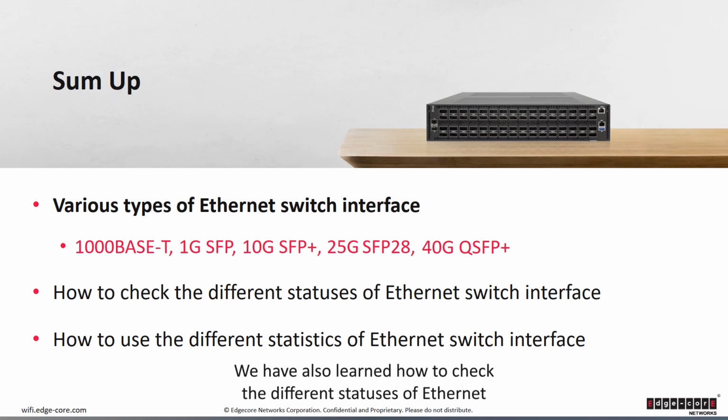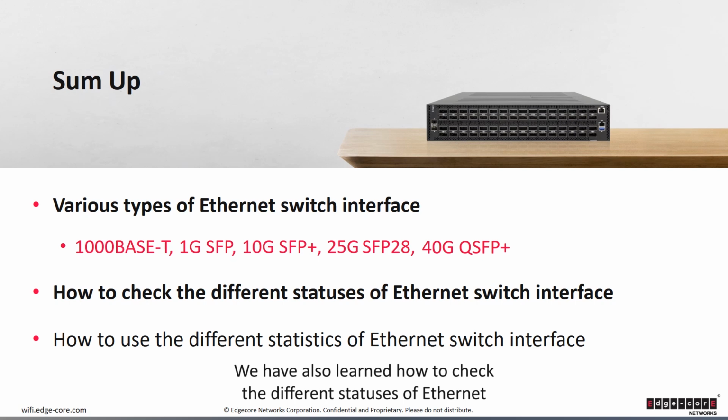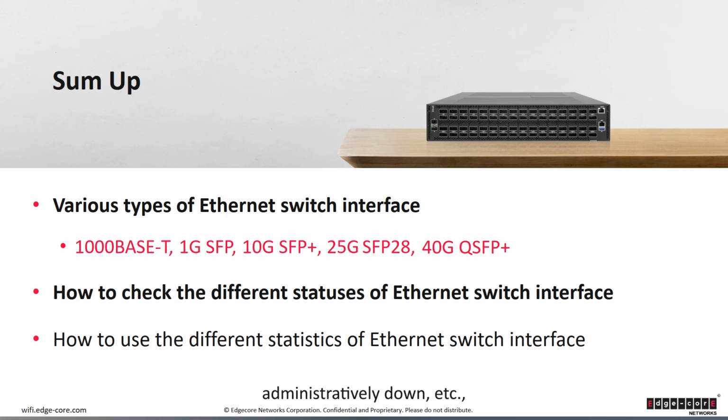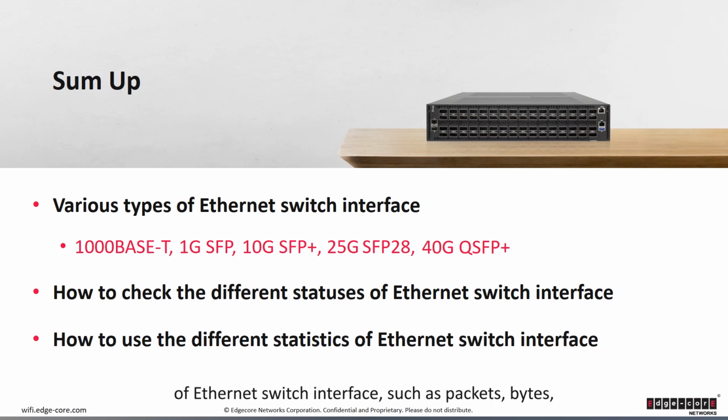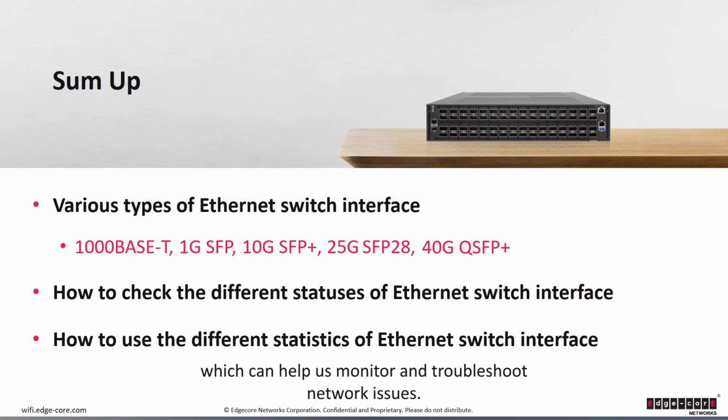We have also learned how to check the different statuses of the Ethernet switch interface, such as link up, link down, administratively down, etc., which indicate the physical and logical states of the port. Moreover, we have learned how to use the different statistics of the Ethernet switch interface, such as packets, bytes, errors, collisions, etc., which can help us monitor and troubleshoot network issues.